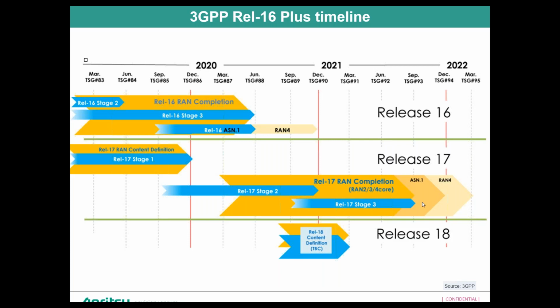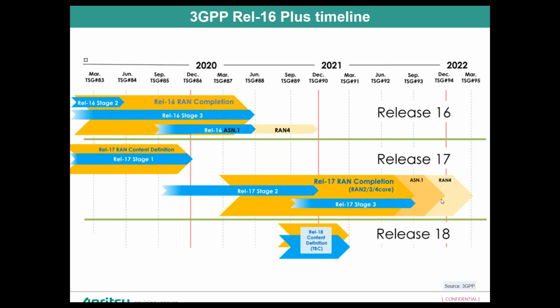And then the physical layer stuff, which is what we call RAN 1, that freeze is going to be happening in June of 2021. So a lot of stuff coming in 2021. And then you have your RAN 4, which is your RF performance, targeted sometime in 2022.